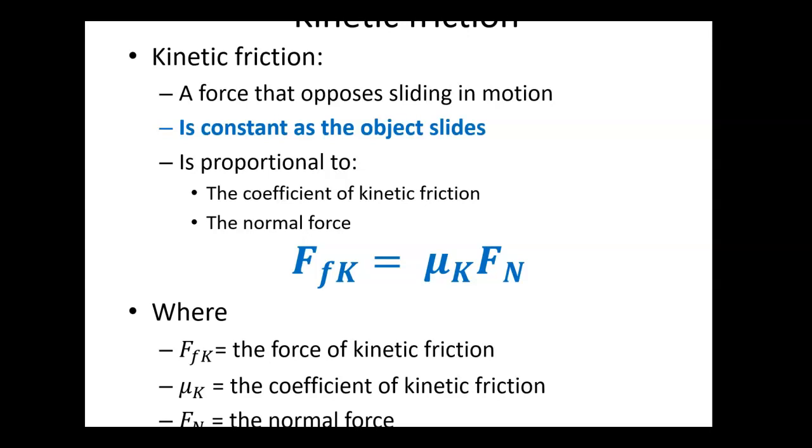So the formula for calculating friction force is the same in both the kinetic and static realms. The only difference is whether you use the kinetic coefficient of friction or the static coefficient of friction.